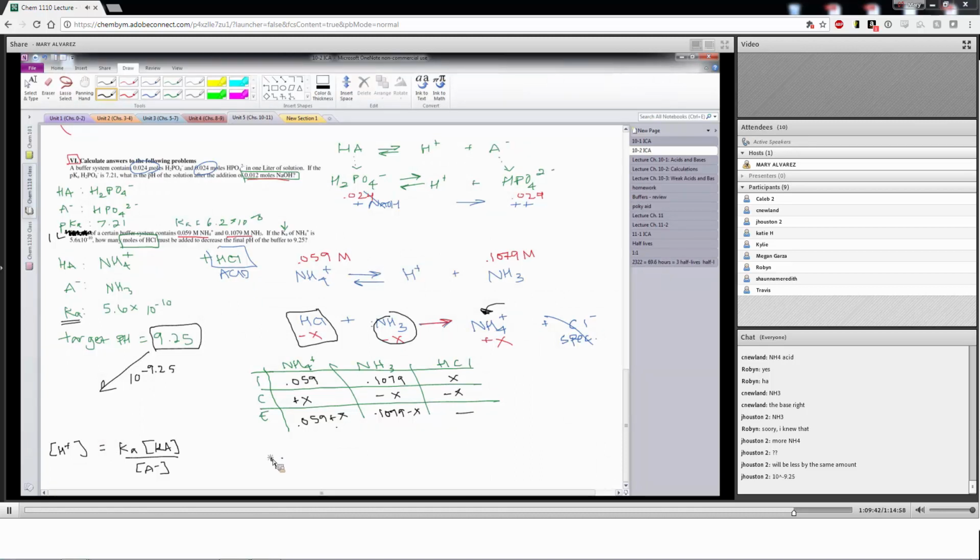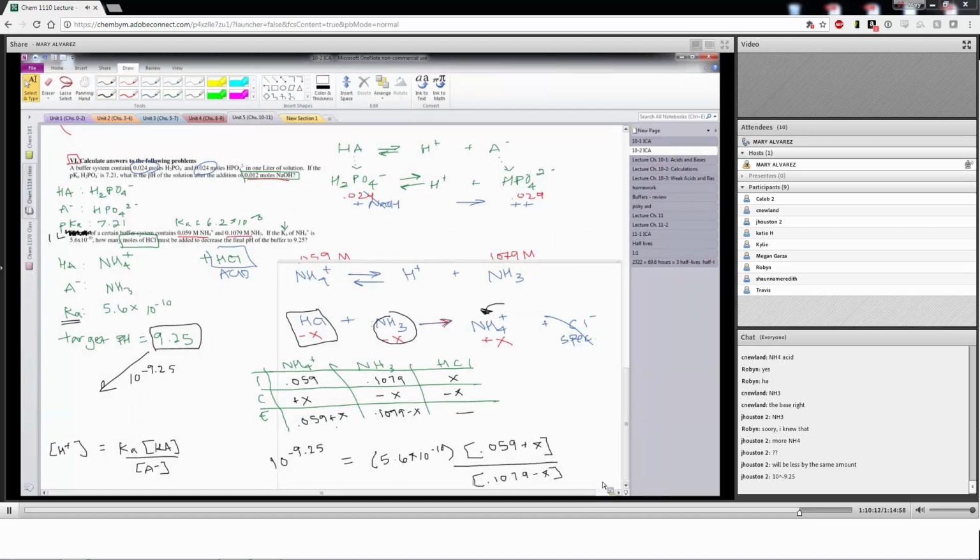So 10 to the negative 9.25 is equal to 5.6 times 10 to the negative 10th, that's my Ka of A, multiplied by my HA, 0.059 plus X, divided by my A minus, which was 0.1079 minus X. And now I solve for X.